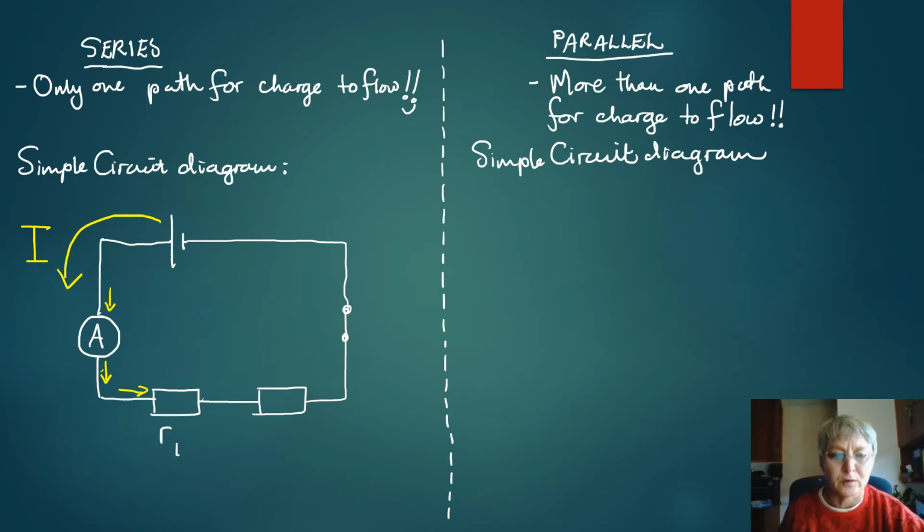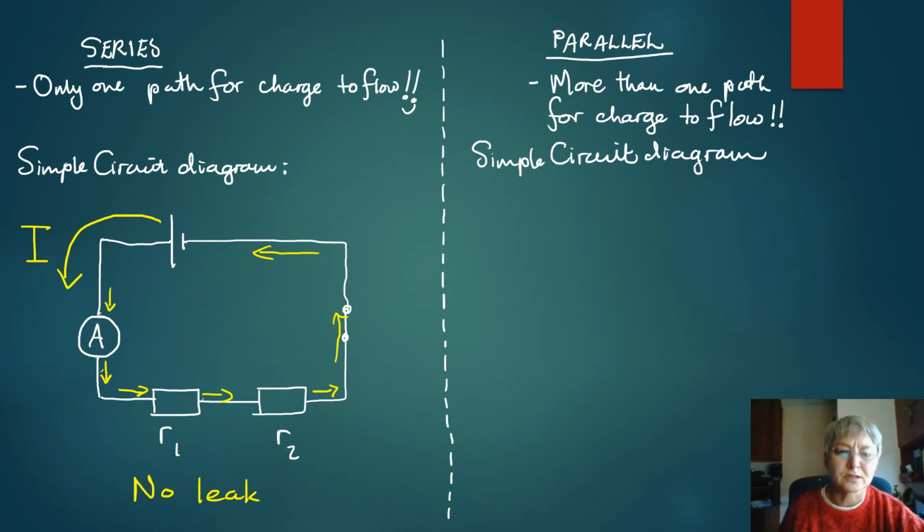We'll name them R1 and R2. The current that flows into resistor R1 flows out of resistor R1. There is no leak in the circuit. So the current that flows out of R1 will flow into R2, and because there's no leak, the current will flow out of R2, through the switch and back to the battery.